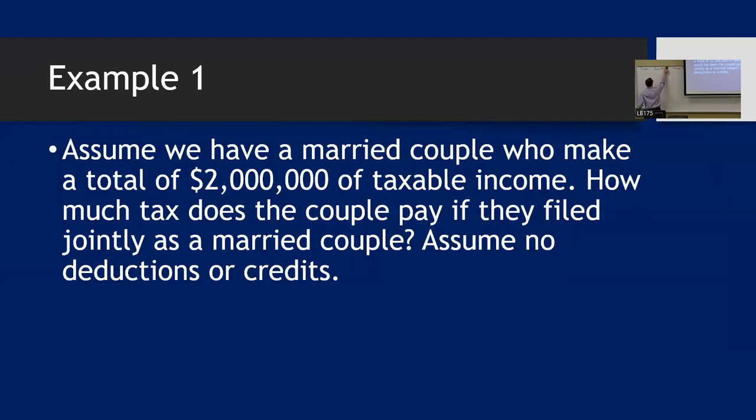I'm going to do this with an example. And we're going to make it fairly straightforward. Let's assume we have a married couple who files jointly, and their income is $2 million.